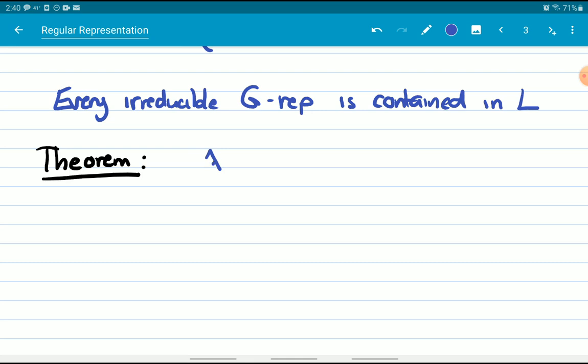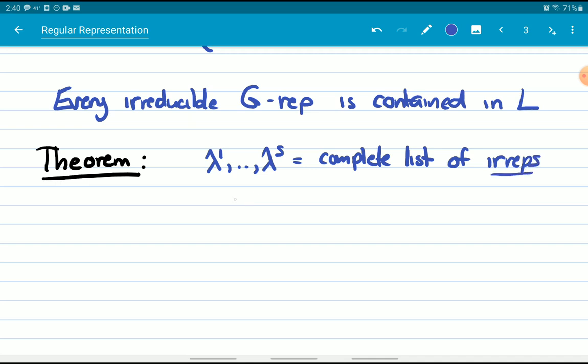So as usual, I'll write lambda 1 up through lambda s for the complete list of pairwise inequivalent irreducibles. Irreps is an abbreviation for irreducible representation. I'm going to write d sub k for the dimension of lambda k.